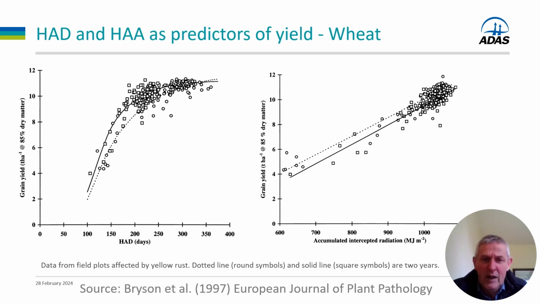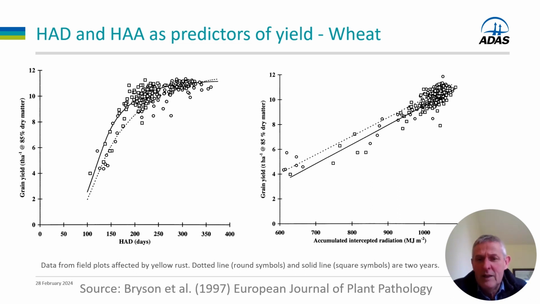On the right hand side, in contrast, if we account for that curvature in Beer's law and count the number of megajoules of light energy intercepted and plot that for exactly the same field plots in exactly the same years, we see that we get a nice straight line.